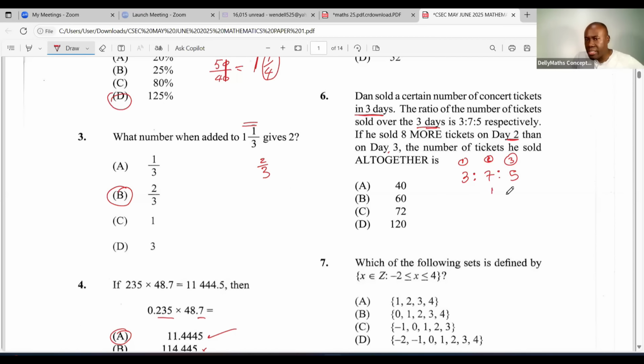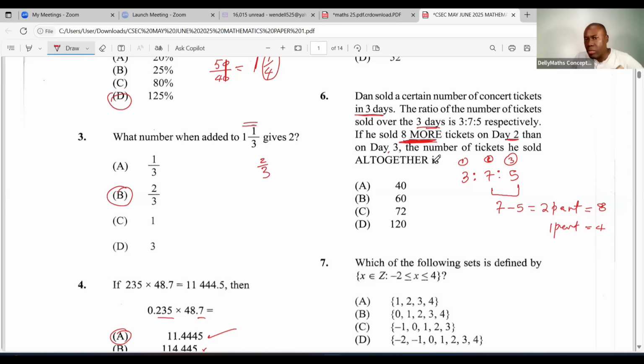So you could see what is the difference between these. If you take 7 minus 5, that's the difference between day 2 and day 3. It is actually 2 parts. 2 parts is now equivalent to 8 more tickets. So 2 parts is equal to 8. That means 1 part is equal to 4 tickets.